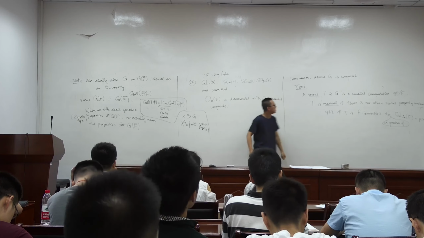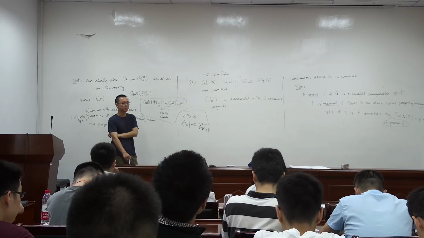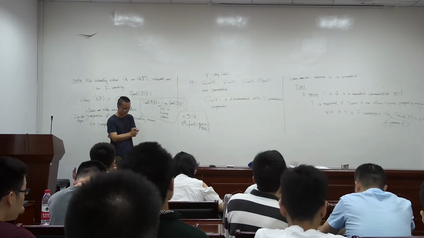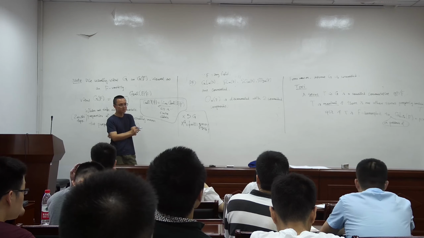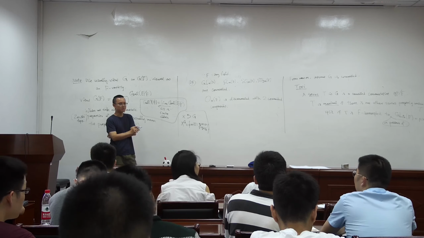A reductive commutative algebraic group is always semi-simple. In GL2, the upper triangular torus, but that's not reductive, right?